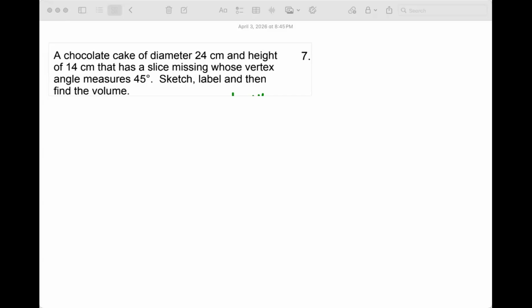Well, I got the volume of the cake. Volume of the cake is what I want. So with the slice missing?